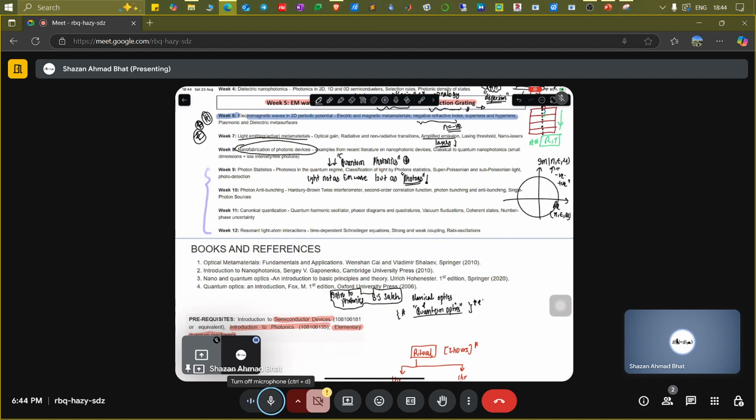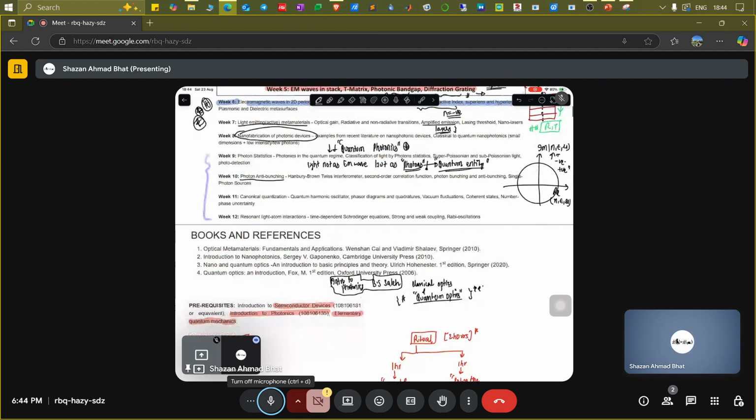And now the picture completely changes, because this is like a quantum entity. It's no longer governed by classical physics or Maxwell's equations or the classical rules. Then you talk about photon anti-bunching. What is a bunched source, an anti-bunched source? This is the core quantum mechanics.